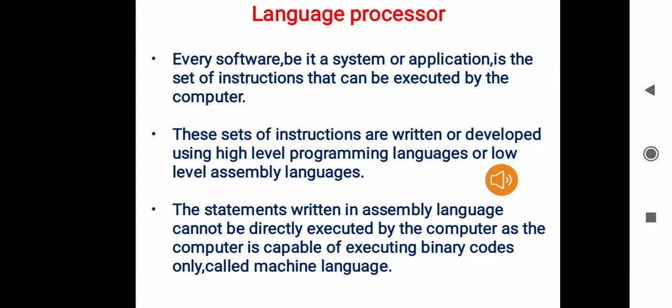Now, one thing you need to know is that a computer understands only machine language, which is a combination of zeros and ones. 0 or 1 are known as binary digits, and the computer just understands machine language as a combination of zeros and ones. All other statements have to be finally converted to these binary codes.